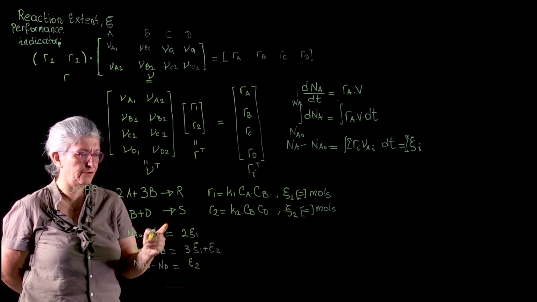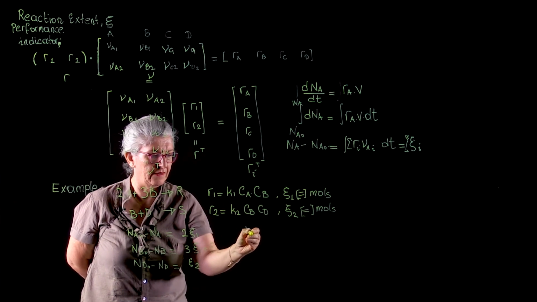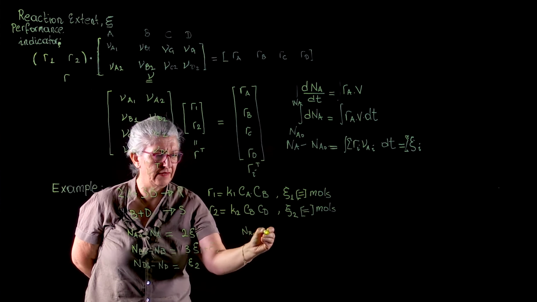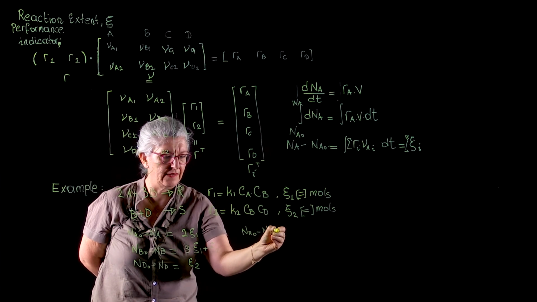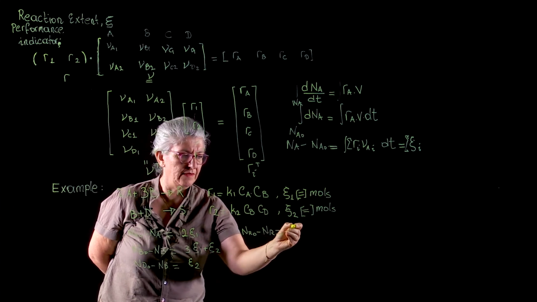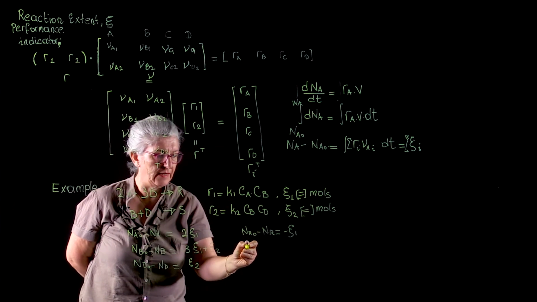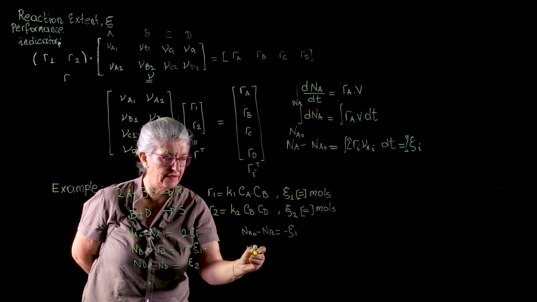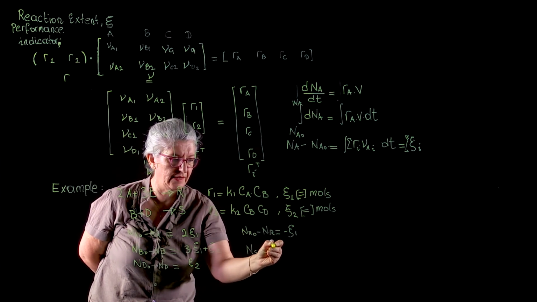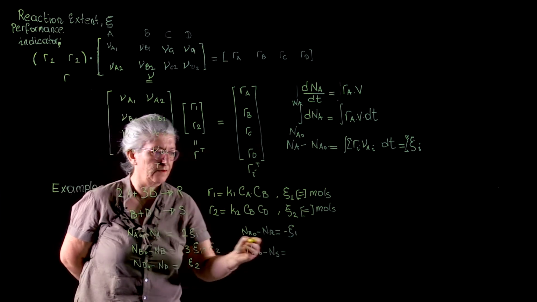And let's write for the products also. NR0 minus NR is minus psi 1 because it's on the product side. And NS0 minus NS is equal to minus psi 2.